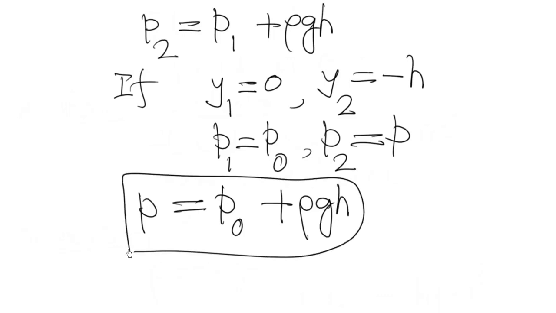So we see that if the top face of the sample is the fluid-air interface, the depth of the top face is 0 and the depth of the lower face is minus h, and then the expression of the pressure is P equal to P0 plus rho g h.